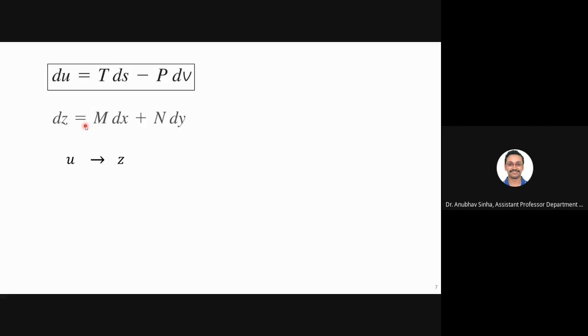So if I relate these two equations, if I say U is z, T is M, minus P is N, and S is x, dS is dx, and dV is dy. So if I correspondingly match each of the terms, this is how it will look.